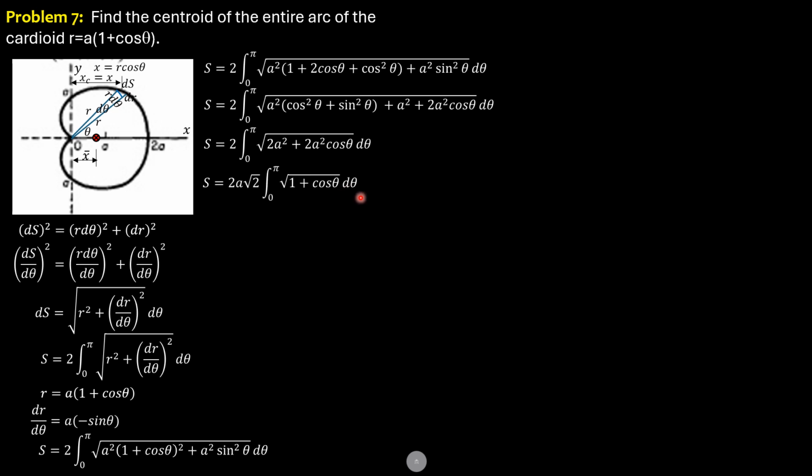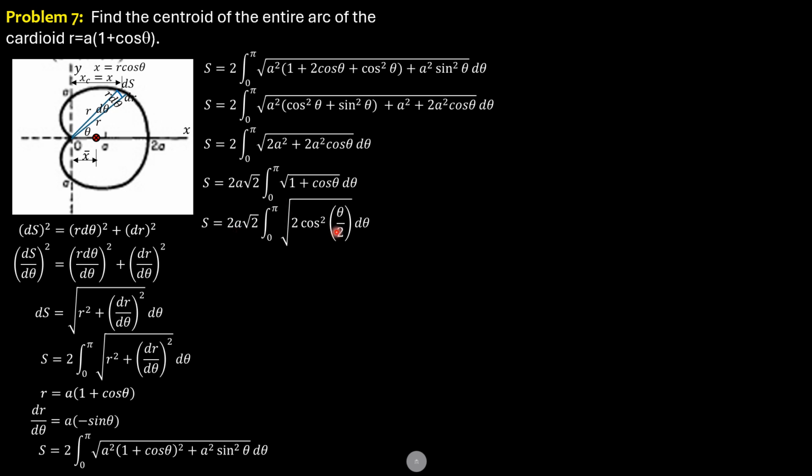From trigonometric identities, square root of 1 plus cosine theta is square root of 2 cosine square of theta over 2. So we replace that with that identity, then d theta. So this is square root of 2 times square root of 2, so this becomes s equals 4a integral 0 to pi.